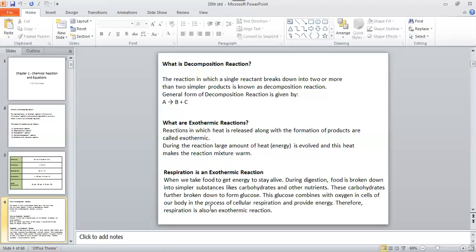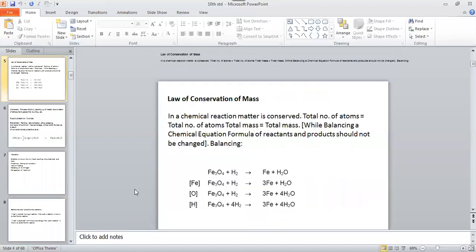These carbohydrates further break down into glucose, and glucose combines with oxygen in the cells of our body. In this process, cellular respiration provides energy. Therefore, respiration is an exothermic reaction because energy is released in this process.